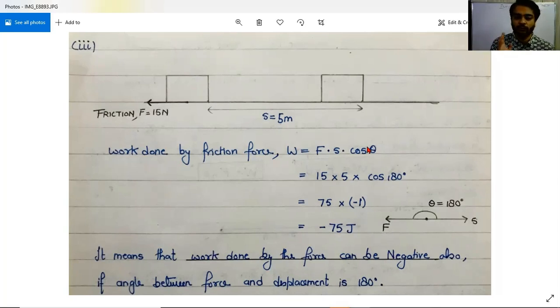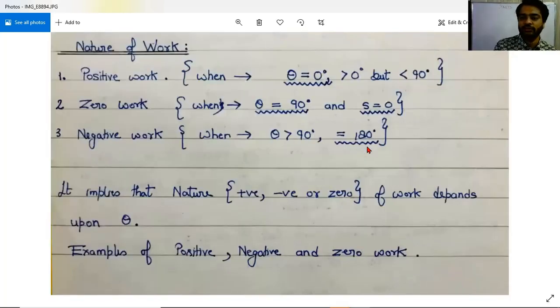So in this case, work done is negative. It means that work done by the force can be negative also, if the angle between the force and displacement is 180 degree. Okay, and this falls under the category of nature of work. So nature of work, listen to me, can be positive also, can be zero also, and can be negative also.